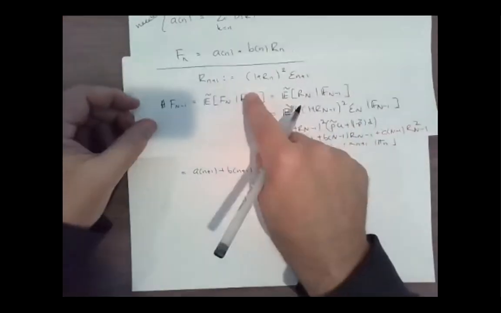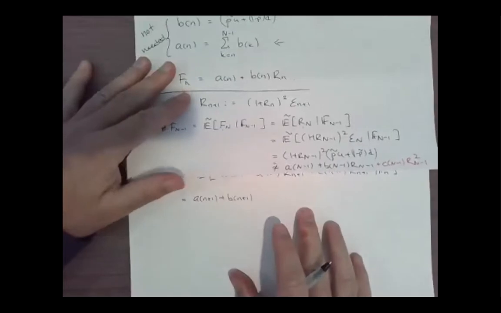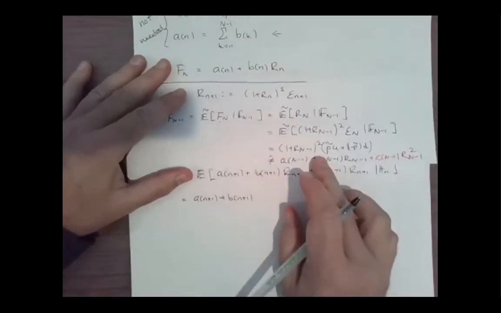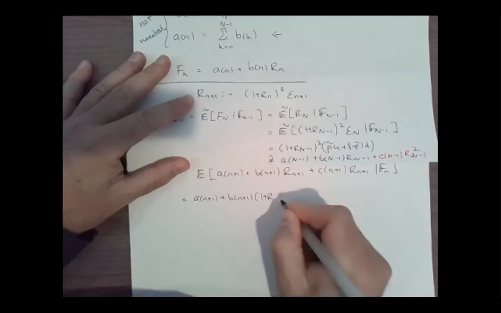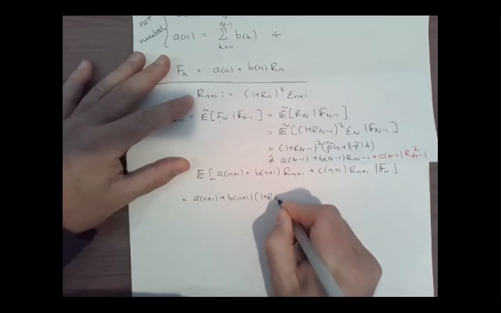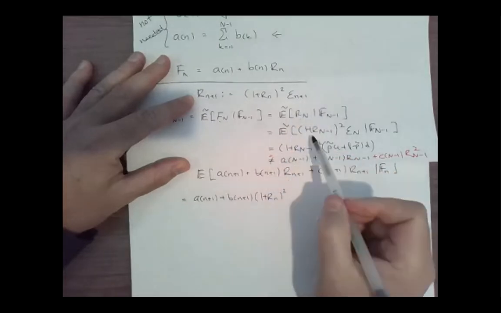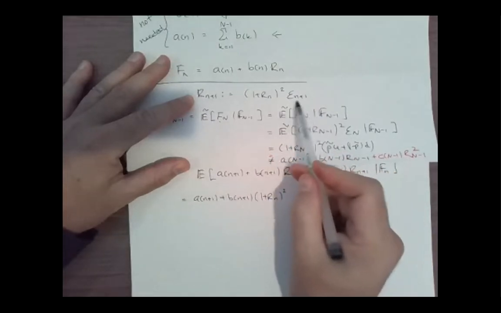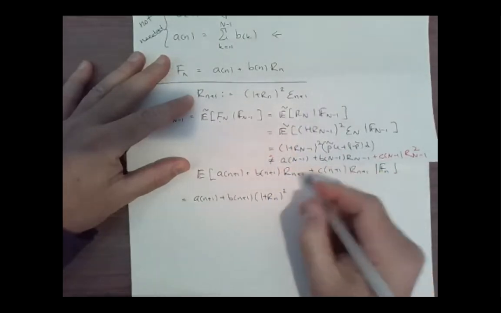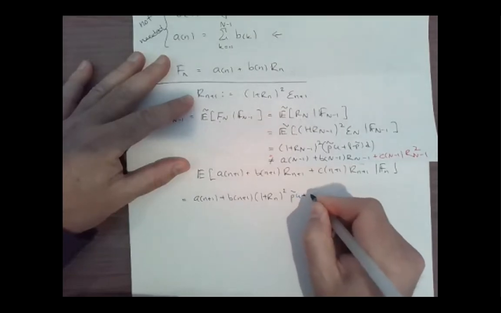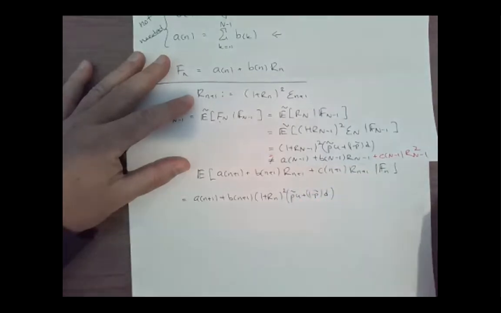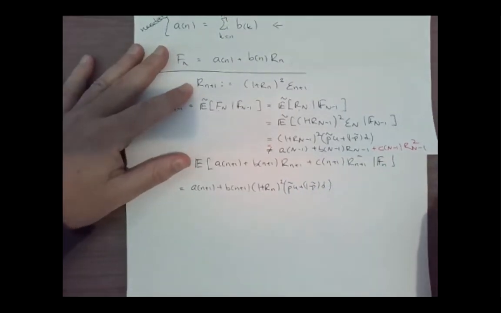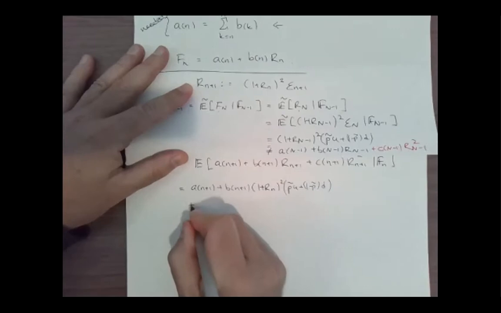So this is where we use the formula. So we use the formula with the square now. So this here is 1 plus R n squared. And then we need the expectation of the epsilon. So that was the one we have over here, P tilde U plus 1 minus P tilde D. And here is where I think there's trouble with Dawn's guess.